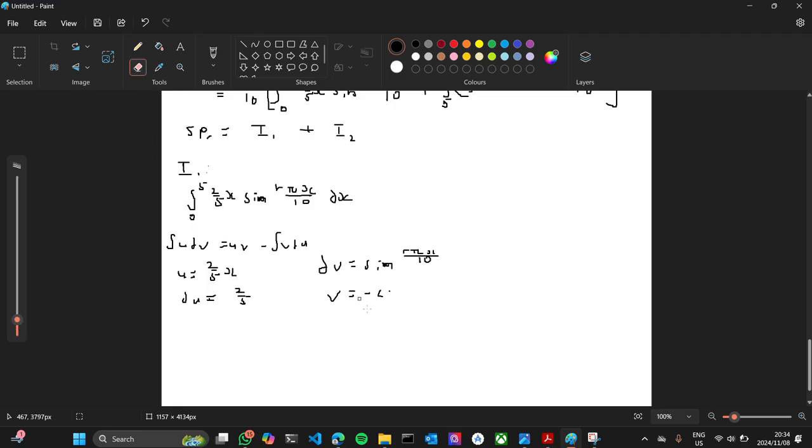Wait, it's not just negative cosine. You're doing the chain rule. The constant in here gets inverted and multiplied with the original function. Yeah, I always make this mistake. Don't be like me. When you integrate, change your trigonometric ratio. Don't write sine again.